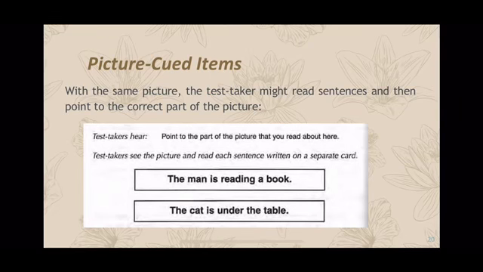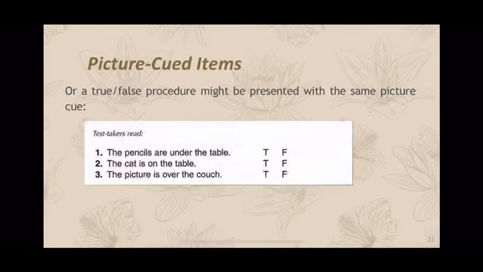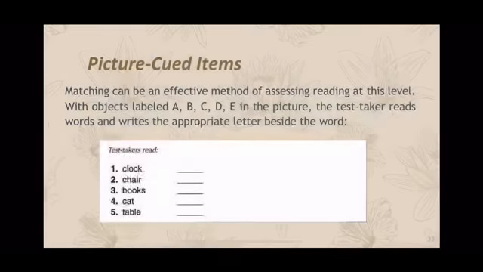With the same picture, the test taker might read sentences and then point to the correct part of the picture. It could be a true-false procedure with the same picture cue. Matching can be an effective method of assessing reading at this level.